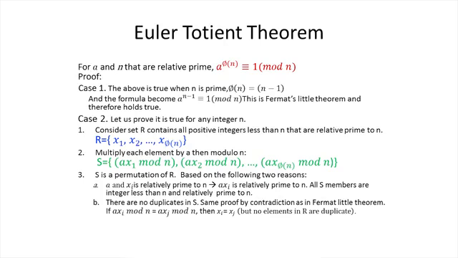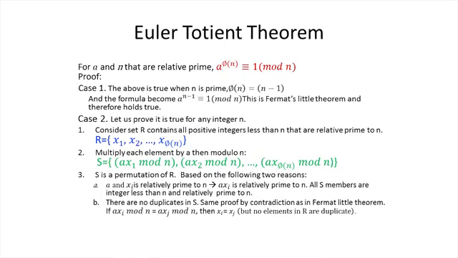Case 1 is a degenerate case, where the above is true when n is a prime. Since phi of n is equal to n minus 1, the formula becomes the Fermat little theorem, where a to the power of n minus 1 and 1 are congruent modulo n.